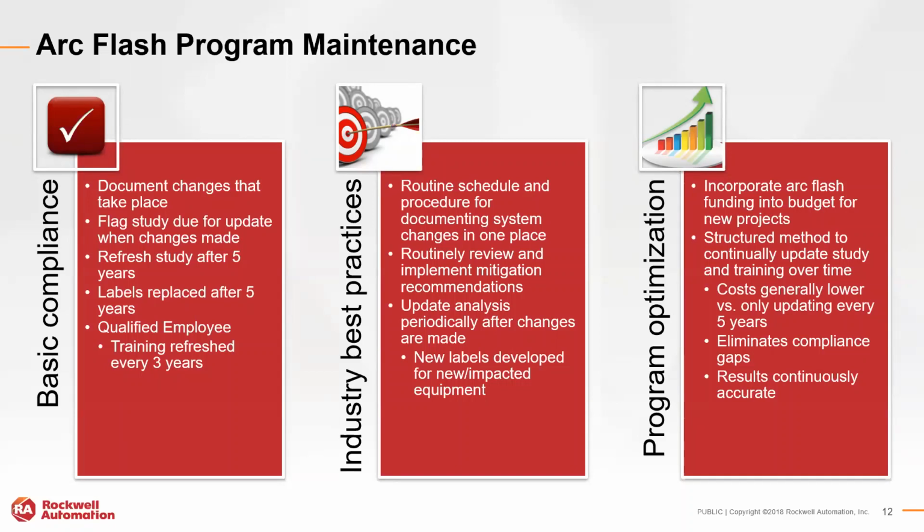If you're tacking on changes and keeping your arc flash documentation updated regularly as those changes take place, it's generally more cost effective to do that over a 5-year period versus waiting for the NFPA 70E requirement of only touching and updating your arc flash study after 5 years have gone by.